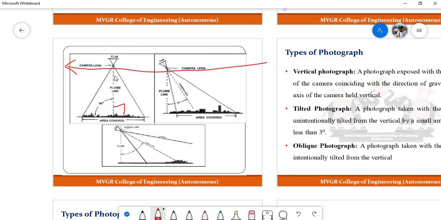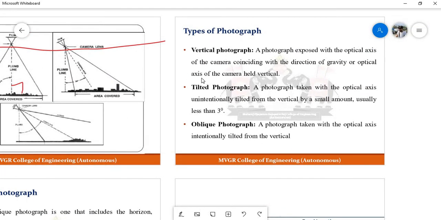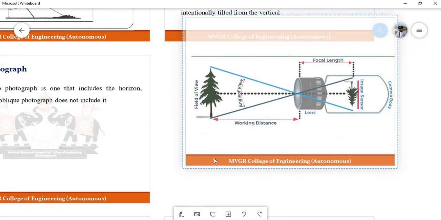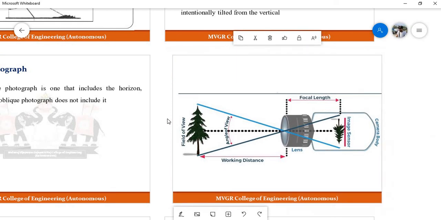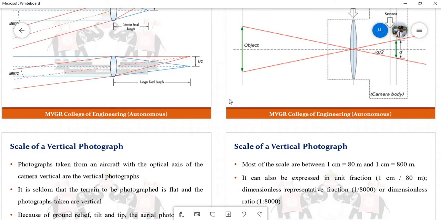This is how it will move and take photographs. So the types of the photograph, some description. If you see how the photos will be taken, some diagrams.